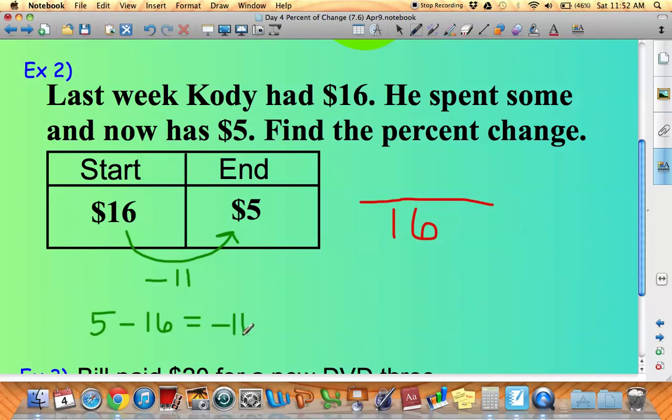Just like when we first started talking about integers this year, it really matters that we got a negative number. So make sure if you've got a change that's going down, so someone's losing money, or maybe we're losing elevation, or we're losing puppies, oh my goodness, make sure your top number is a negative.